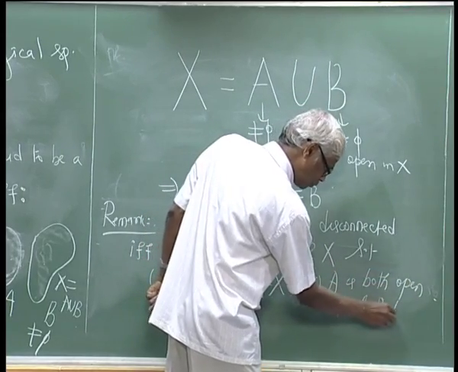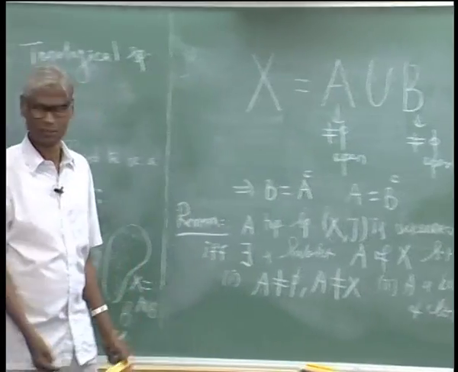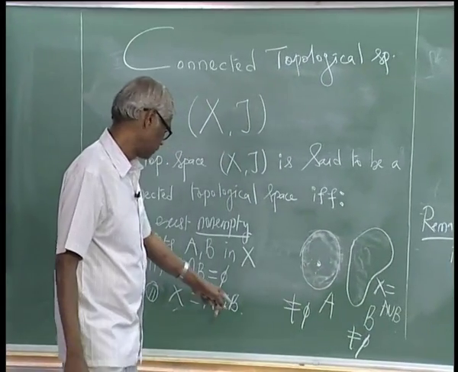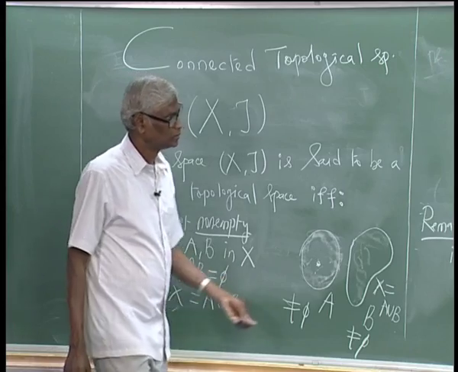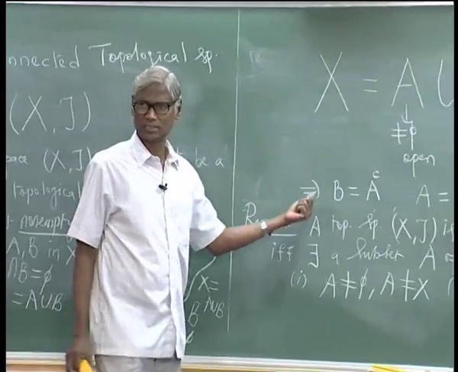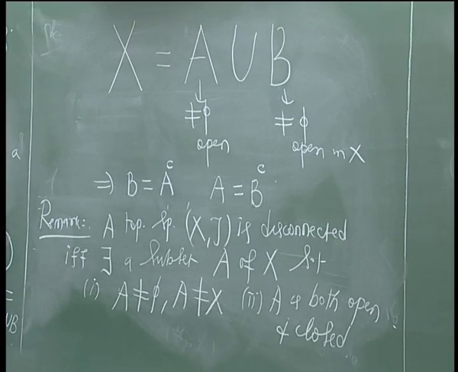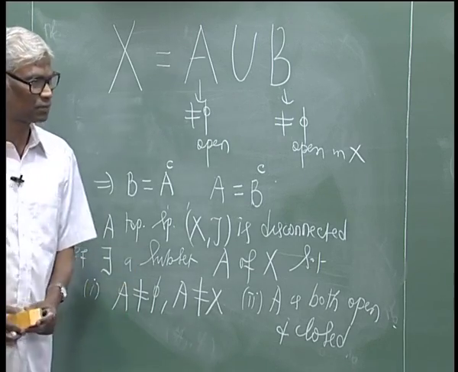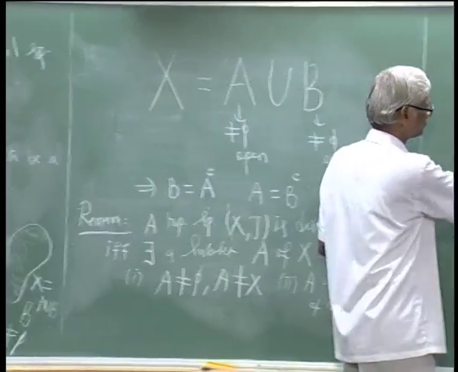That means A is open, and A complement is our set B. So B is nothing but A complement. So, it is enough to find a set which is non-empty, not equal to X, and both open and closed; then such a topological space is disconnected.